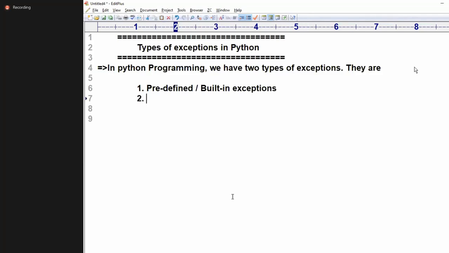Two types of exceptions we have. One is called predefined or built-in exceptions. Second is called programmer-defined, user-defined, custom defined exceptions.